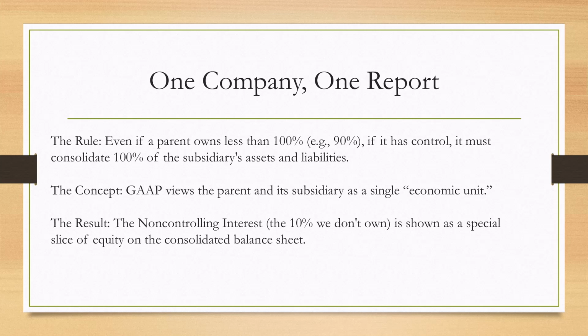Even if a parent owns less than 100%, say 90%, as long as it has control, it must consolidate 100% of the subsidiary's assets and liabilities. GAAP views the parent and its subsidiary as a single economic entity. The portion we don't own, that 10% non-controlling interest, is then carved out and shown as a special slice of equity on the final consolidated balance sheet.